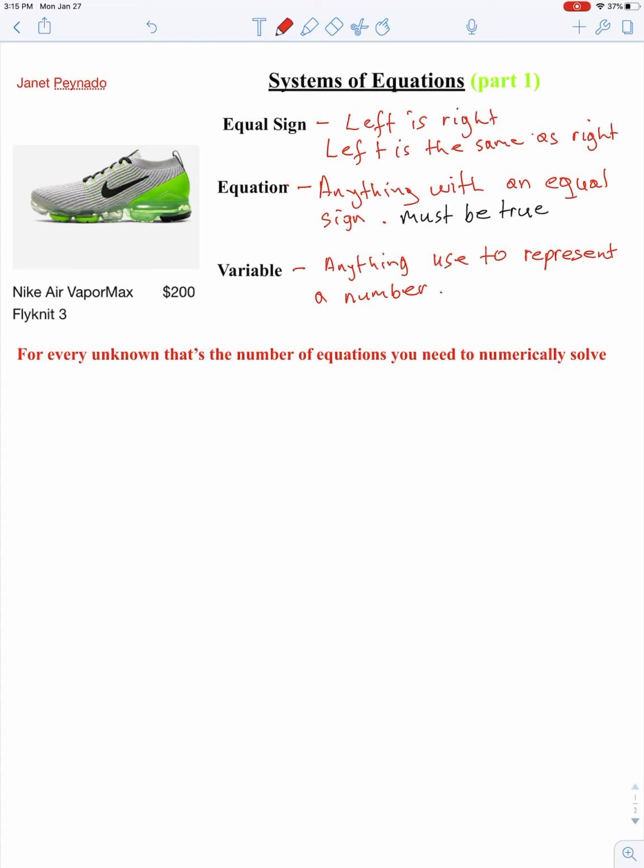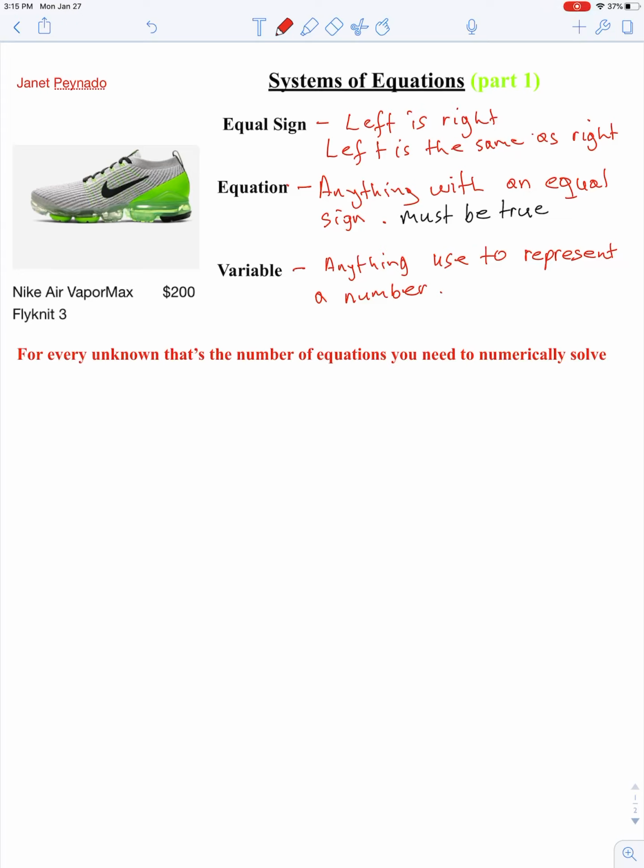So for example, I could say 5 is represented by X, or 200 is represented by T. That does not mean I do not know what T is. I'm just using T to represent that number. So do not get it twisted. It doesn't represent an unknown number. The number could be unknown or it could be known. So just wipe that out of your mind, it just represents a number. You see a variable? It's a number. You treat it like a number.